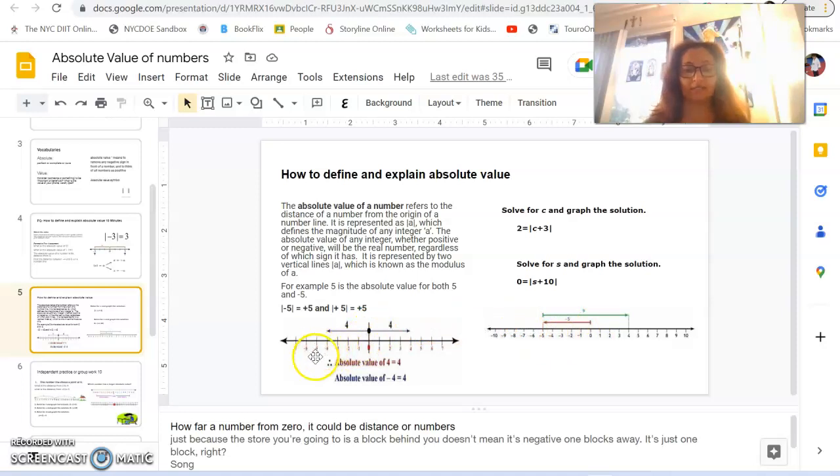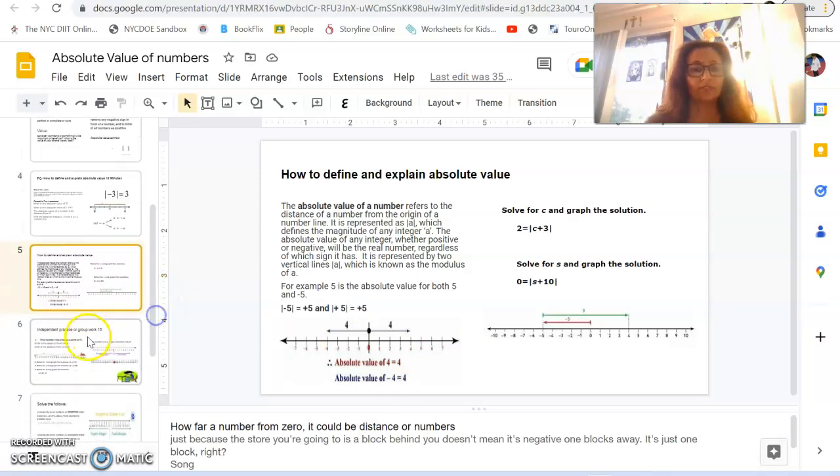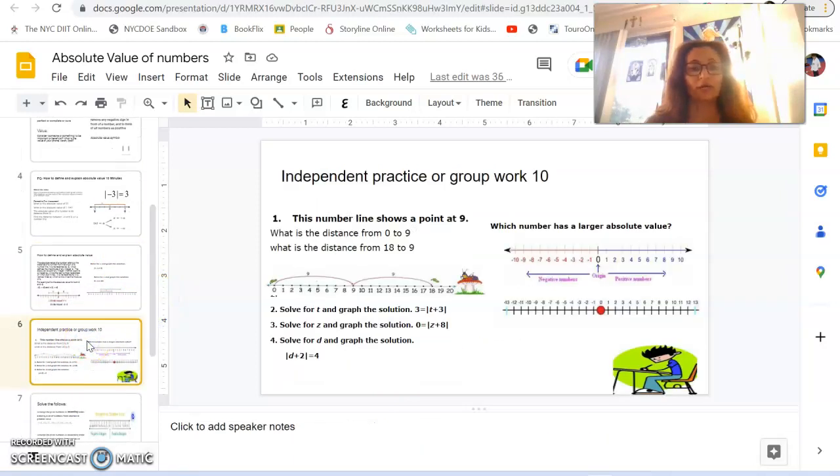As we see here, the same thing is in here. From 0 to 4 is the absolute value. The same thing is happening here, and we know that the absolute value of a number has to be positive. We're going to practice more on the absolute value and how to find that.